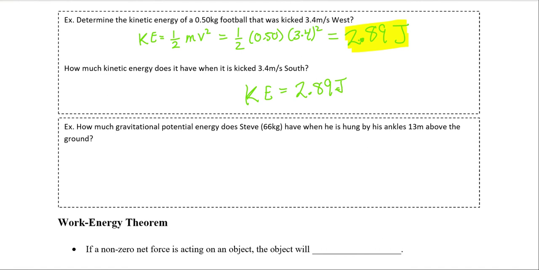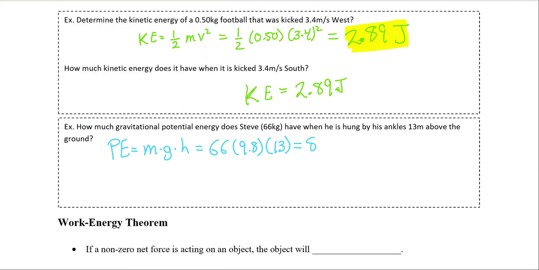Let's practice using our potential gravitational formula. How much gravitational potential energy does Steve have when he's hung by his ankles 13 meters above the ground? Well, the potential energy is m times g times h, or Steve's mass of 66, multiplied by the acceleration due to gravity, 9.8, times 13, because that's how high he's held, and we just get to throw that into our calculators.